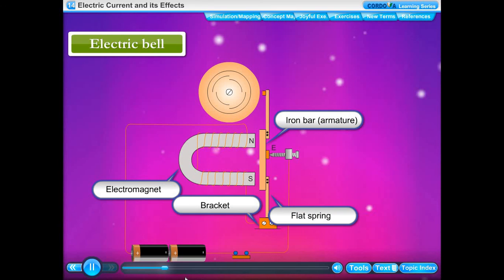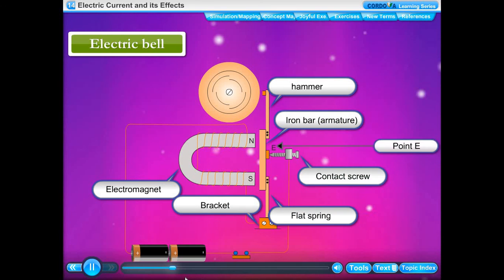Construction of electric bell. The electric bell has a U-shaped electromagnet. A small iron bar called armature is held in front of the poles. The lower end of armature is attached to a flat spring and the spring is itself fixed to a metal bracket.